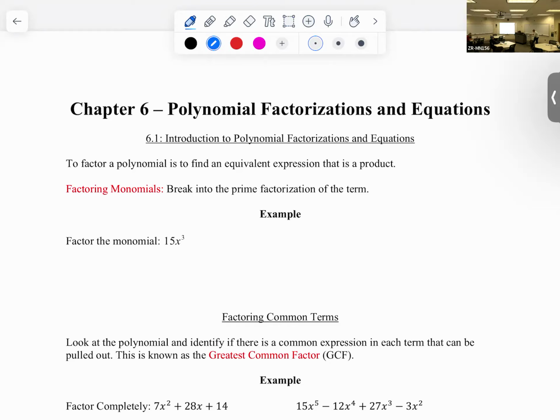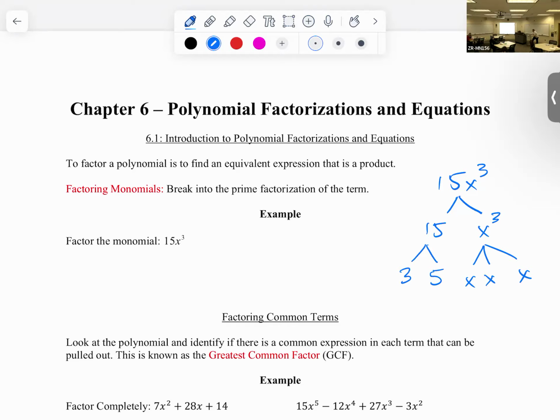So something known as prime factorization is how you break things down into primes. Basically, we start identifying, and with a polynomial, break it into its number, and then the variable, and then you just keep breaking these down into prime numbers, 3 and 5, and x cubed breaks into x times x times x.